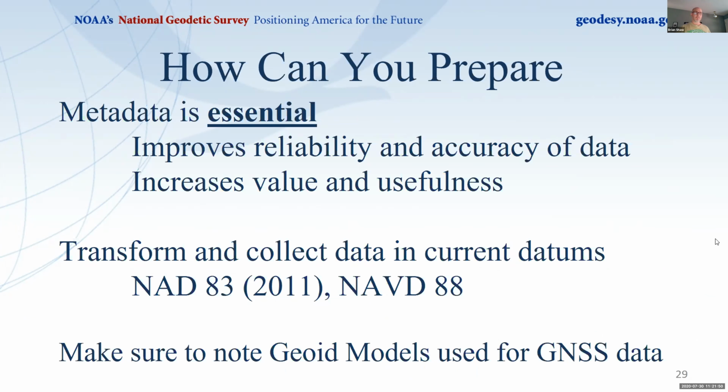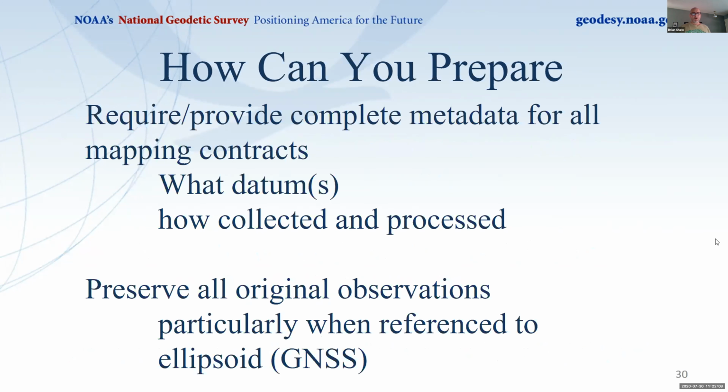Because if, say, it was Geoid 12B and you realize Geoid 18 is much more accurate in your place, being able to back that out and put it into Geoid 18 would be much easier to do if you know for sure that you used Geoid 12B and not, say, Geoid 09. Also make sure that when you're putting out mapping contracts, you specify what datums they're providing the data in, and how it was collected and processed. And preserve your original observations, so if maybe there was a blunder, you can go back and reprocess it.